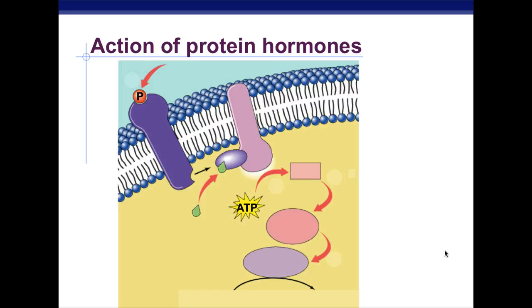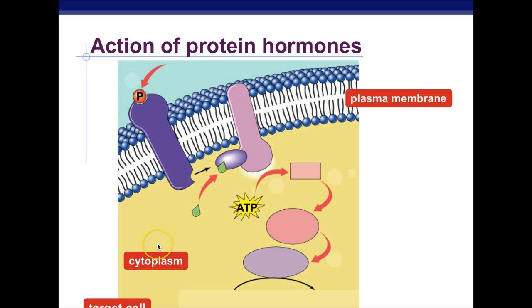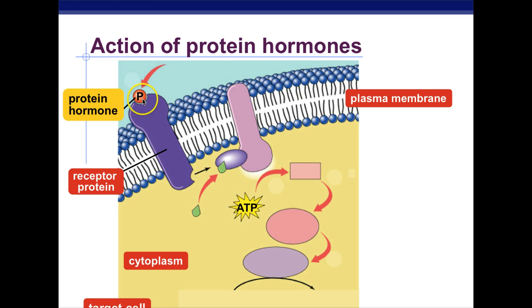So that's the response there. So action of protein hormones, we're going to look at this generically. Here is our target cell, so this represents our target cell here. Here's the plasma membrane, so the cell membrane, the cytoplasm of the cell, and then here's our receptor protein that is stuck in that membrane, and here's the protein hormone.